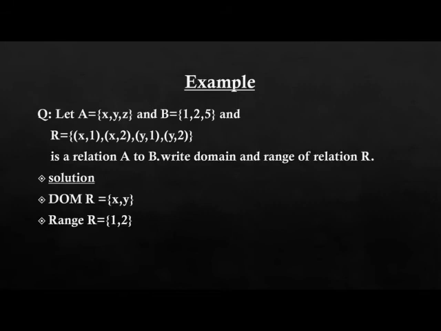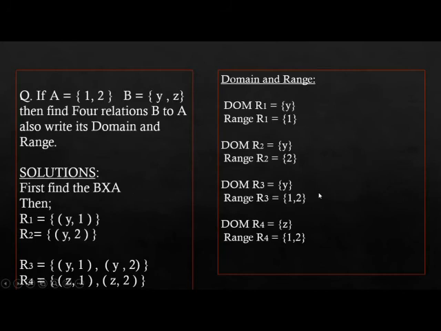Why? Because these are the first elements and you can't repeat an element in a set. Then you have 1, 2 and 1, 2. So you can write 1, 2 over here one time, because you can't repeat an element, and these are all the second components of all the ordered pairs. So these are the domain of R and range of R.